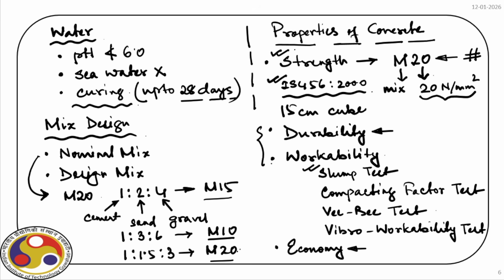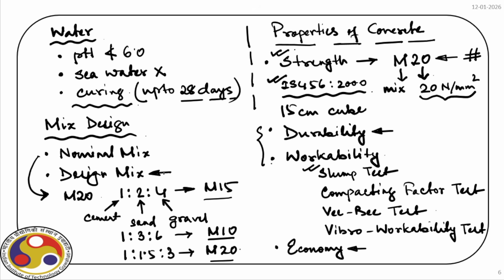Now, beyond this M20, we cannot use any nominal mix, and for that we have to go for a design mix. That means we have to design the proportion of different components, and not only proportions but also the water cement ratio, and the main objective is to achieve the final strength that we use.